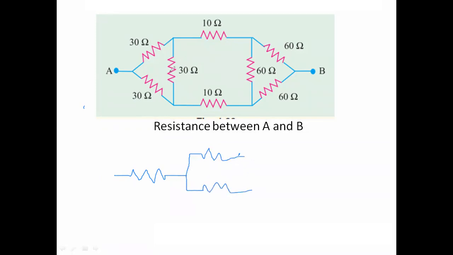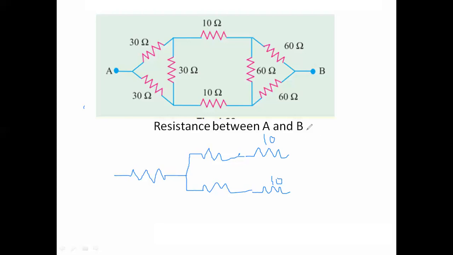This delta will be replaced with this star network, and here we have a 10 ohms resistance, and downside another 10 ohms resistance, and from this side we have again a star network.